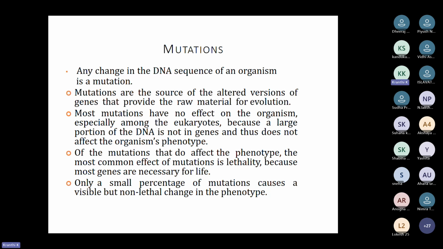Why? Because the complete DNA is not the coding area, right? We have a lot of DNA, but the complete DNA is not the coding one. Non-coding area is also there, so the coding area is very less. What do you mean by coding area? Coding area means which synthesizes the mRNA.